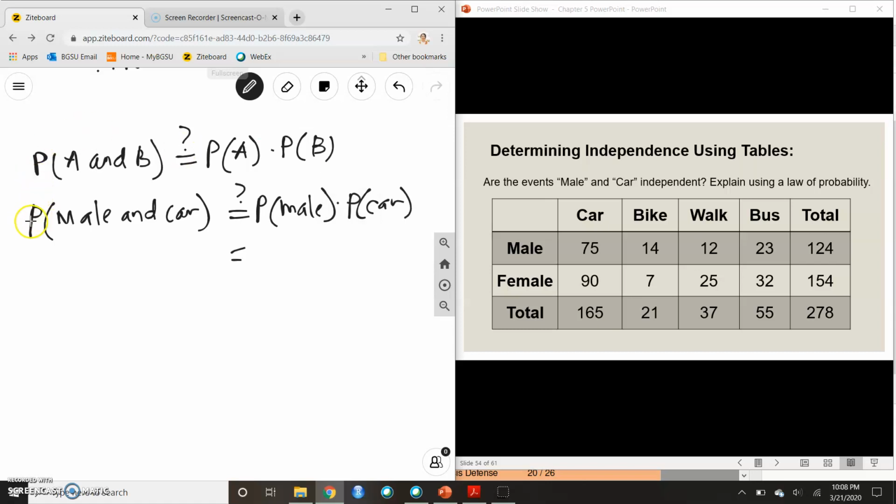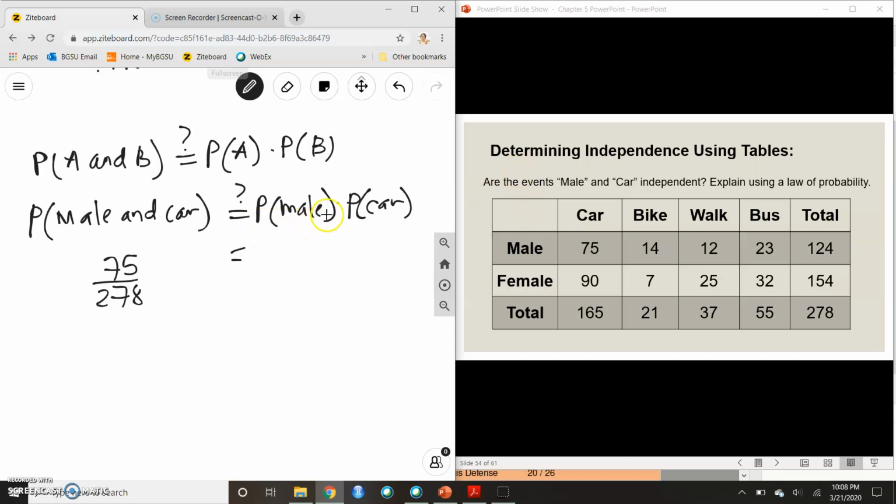Similar to before, we know how to find the probability of being male and car. In the AND event video, we know that we can look at the row or column with male, the row or column with car, and find where they intersect. In this case, male and car intersect at 75. So 75 out of the 278 students were males who took the car.